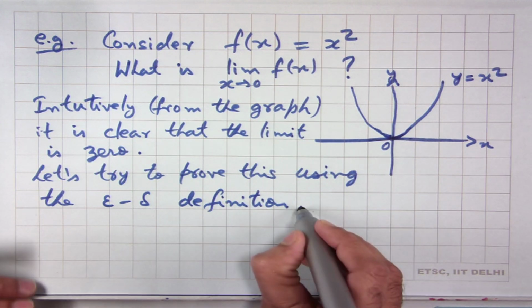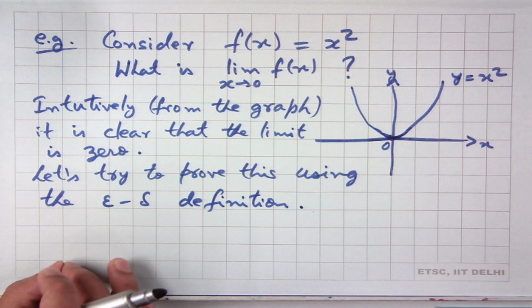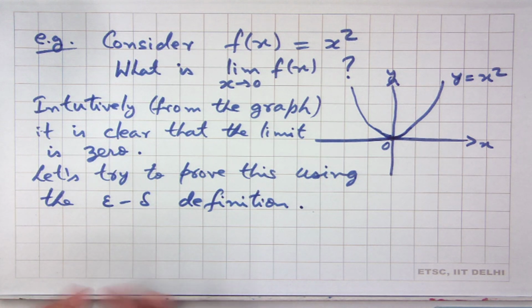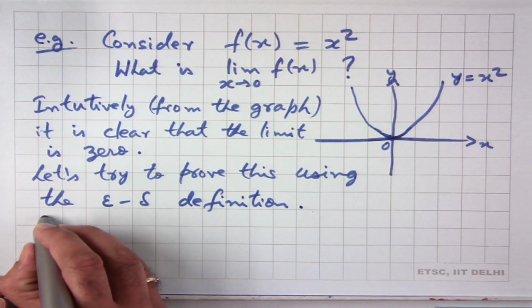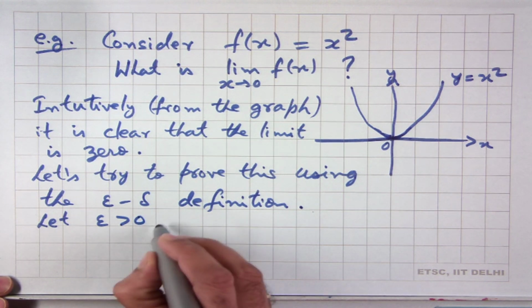In this, what you have to do is, if you are given an epsilon, then you have to tell what is delta such that the condition is satisfied. So, we start with: let epsilon be any positive number.